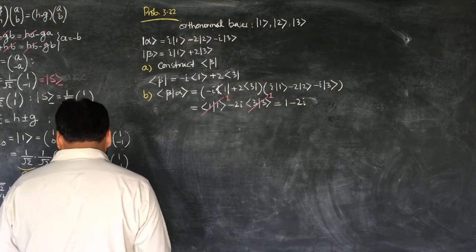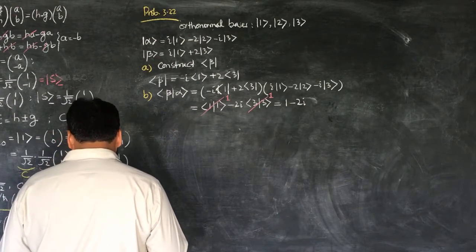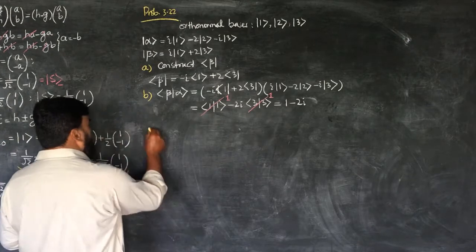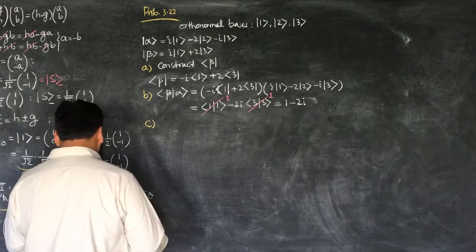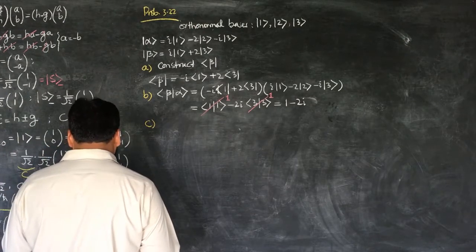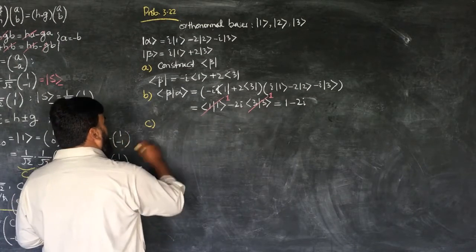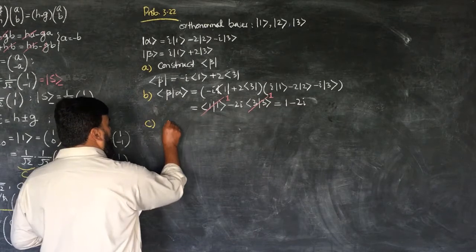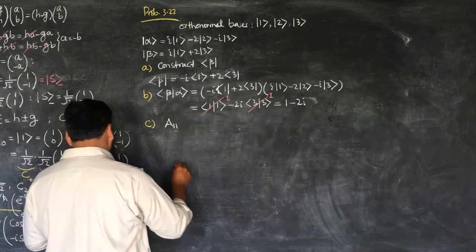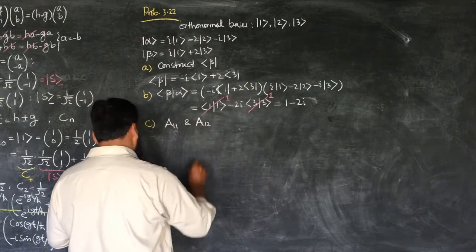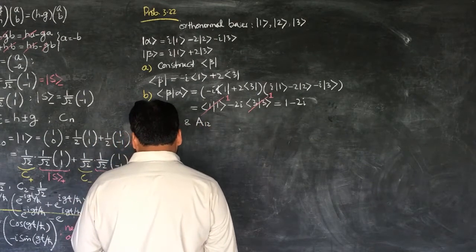Now, in the third part, we are asked to find the matrix elements A11 and A12 of the operator.